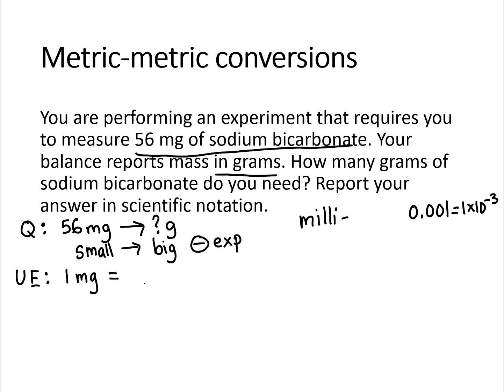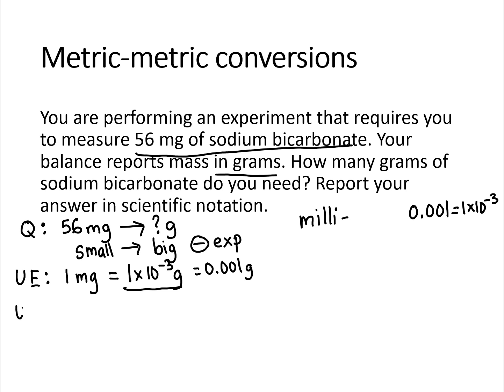But you're right, the exponent should be negative. So we should have 1 times 10 to the minus 3 grams, which is the same thing as saying 0.001 grams, okay? I just like to use scientific notation because I don't want to write out 5 zeros. I don't want to write out 11 zeros. So I get in the habit of writing scientific notation so that it just comes naturally, okay?